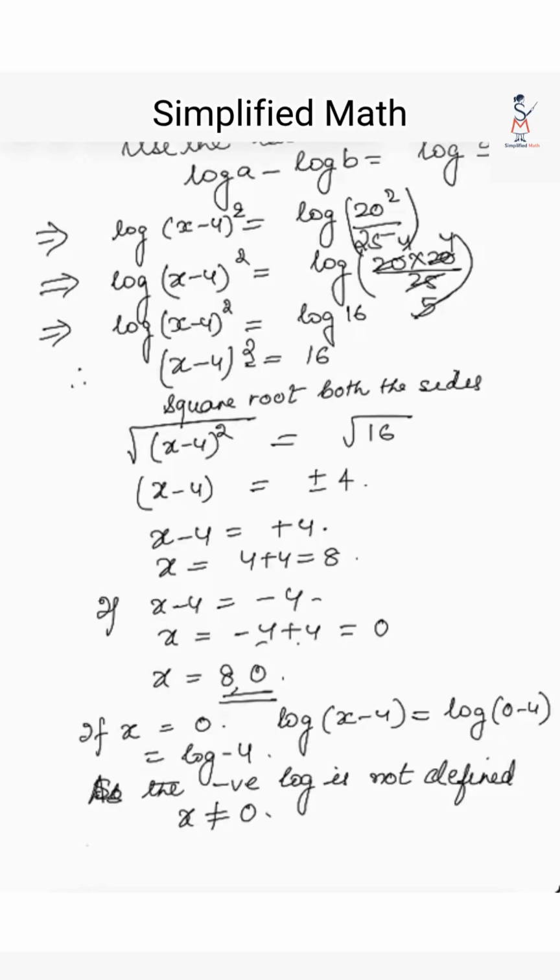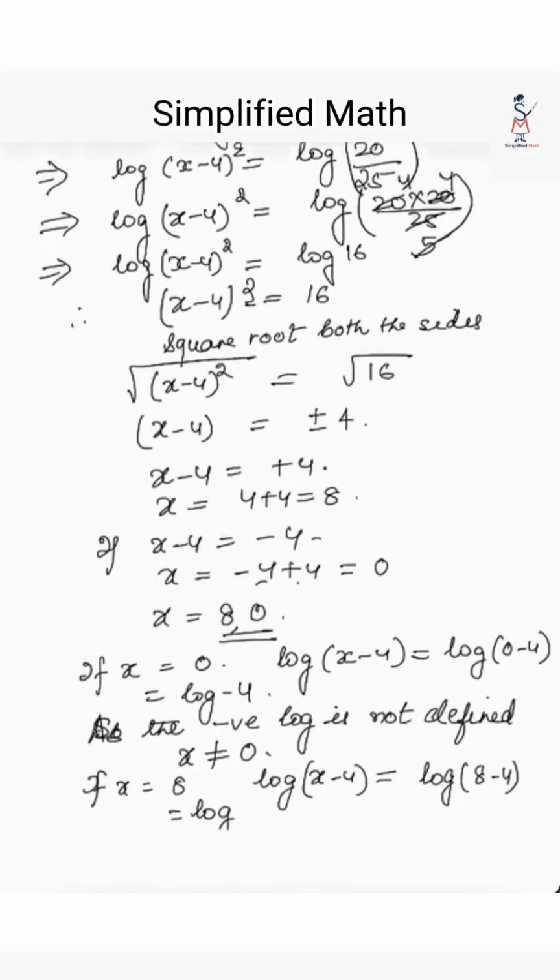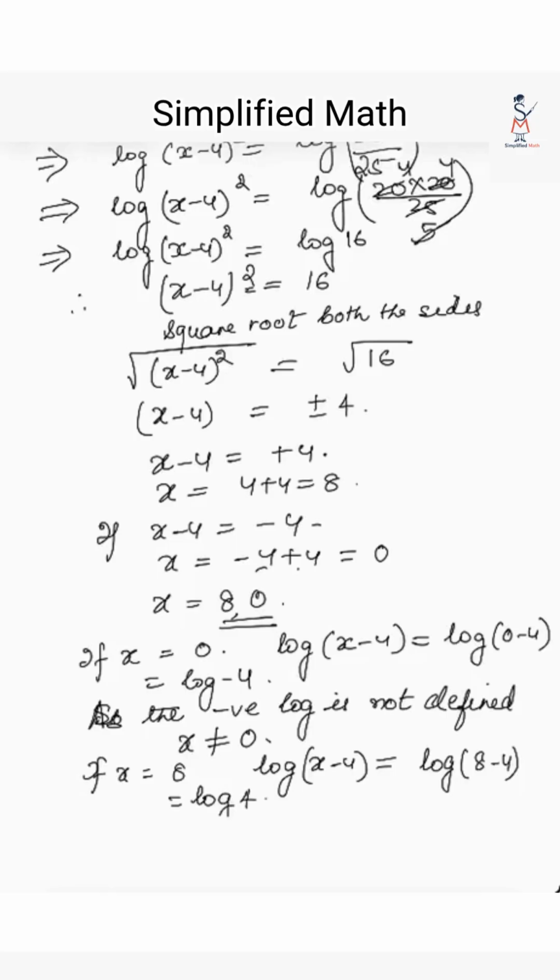And if x is equal to 8, then log (x minus 4) will become what? Why have we taken x minus 4? Because the log of x minus 4 is what we have to find in the sum. So log (8 minus 4) is log 4, so this has become positive. When x is 8, the log is turning out to be positive, and when x is 0, the log is coming out as negative, which is not defined.